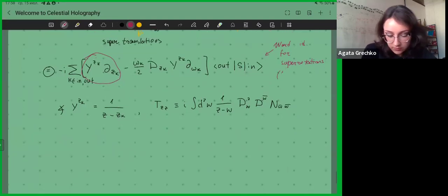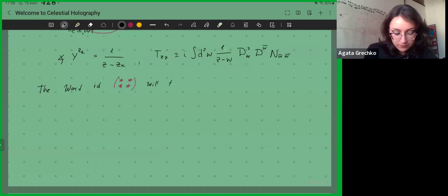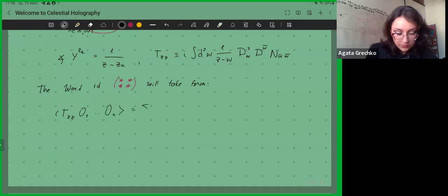So let's denote it as 4 stars already. The Ward identity 4 stars will take the form of T, z bar, O_1 ... O_n equals a sum over particles.